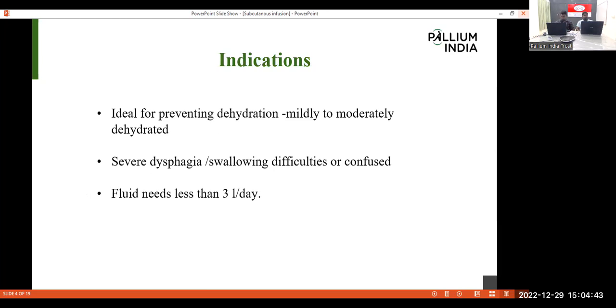Mainly, last I told about dehydration. Dehydration level we can define as mild, moderate, severe. Mild to moderate dehydration means we can give the infusion subcutaneously for the purpose of rehydration.